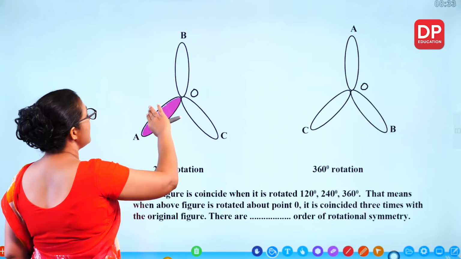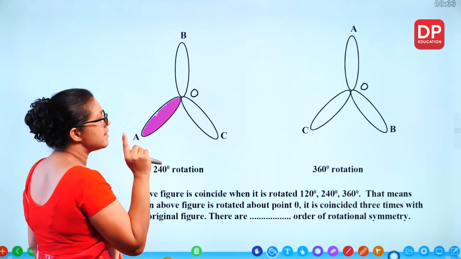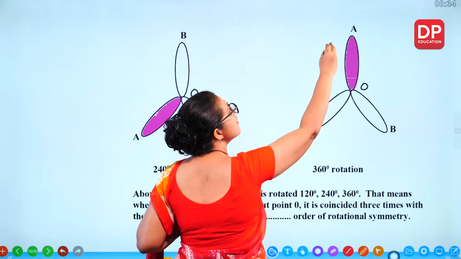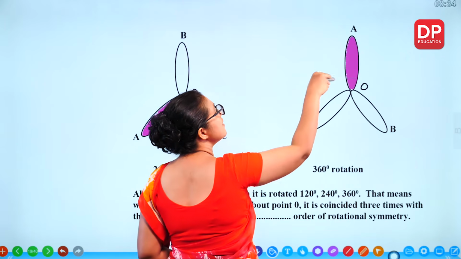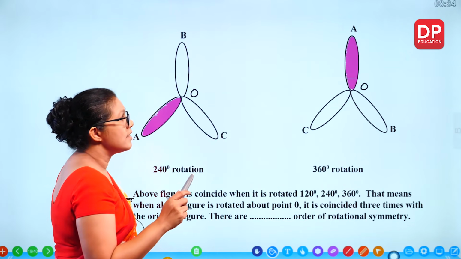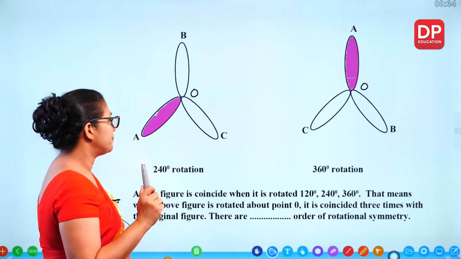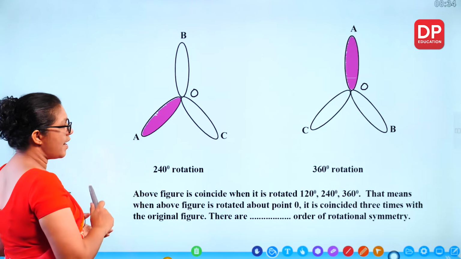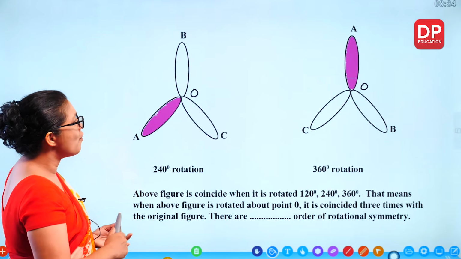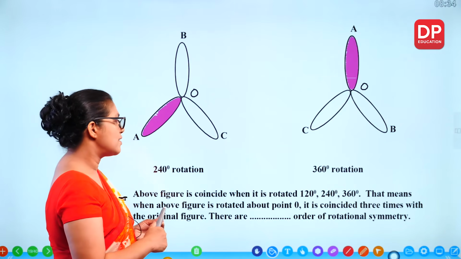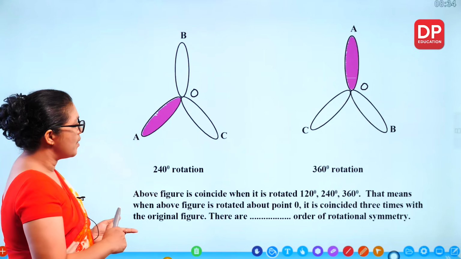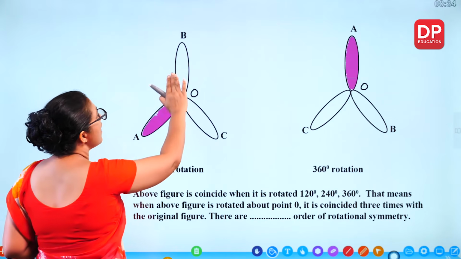Then again another 120, that's 360. You get the A petal at the same position as the first one. So when you rotate 120, 240 and 360 in this one, you get the same shape, coinciding with the other ones.